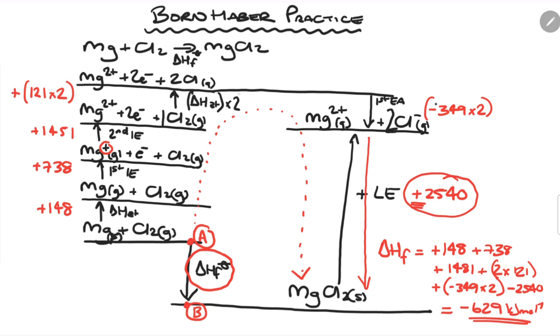And likewise, another one to be aware of is when you have these atomization values for the non-metal, especially when the non-metal is a diatomic molecule, and you may occasionally be given the bond dissociation energy or the atomization. And so again, you have to be careful in your manipulation of that value, whether or not you have to double it, or indeed sometimes halve it, depending on which value it's asking you to calculate or use.